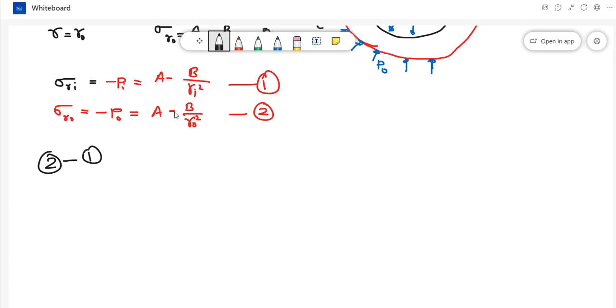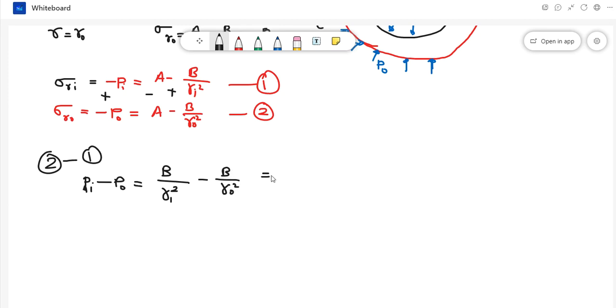When you subtract, this sign will become plus, here it will become minus, and this will become plus, because I am doing 2 minus 1, so it will become Pi minus P naught is equal to, A will get cancelled out, and B by Ri square minus, because it became plus, here also this Pi become plus, so this Pi is positive, minus P naught. Okay, so B by Ri square and minus B by R naught square.